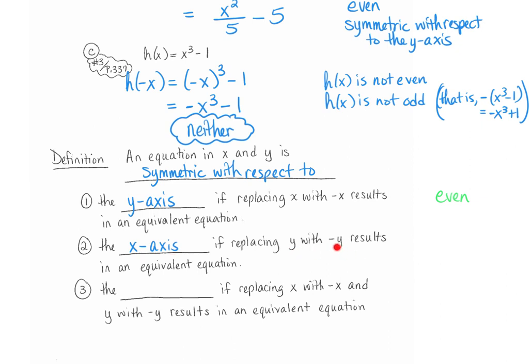So notice that you're using the other variable now. That's why we separate them. An equation in x and y is symmetric with respect to the origin if replacing x with negative x and y with negative y results in an equivalent equation. In which case our function is what?